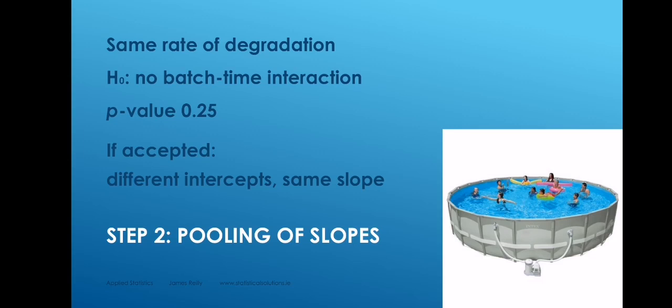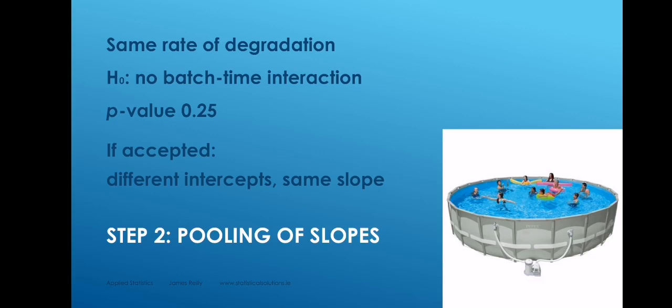Even if one batch began with somewhat more active pharmaceutical ingredient than another, we're assuming that the rate of degradation is the same. That's the equivalent to the null hypothesis, which says there is no batch time interaction. You'll notice that means that the effect of time doesn't depend on the batch. So time affects all the batches in the same way, same rate of degradation.